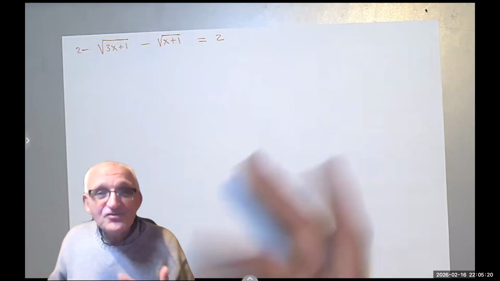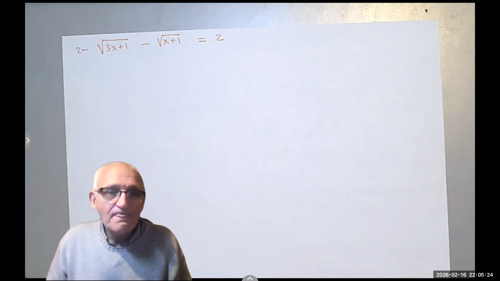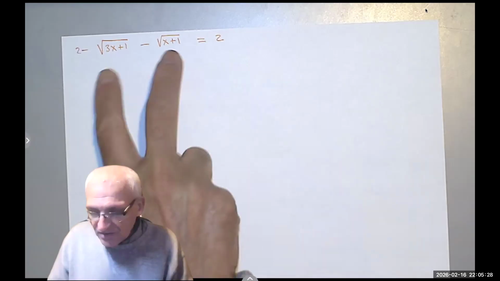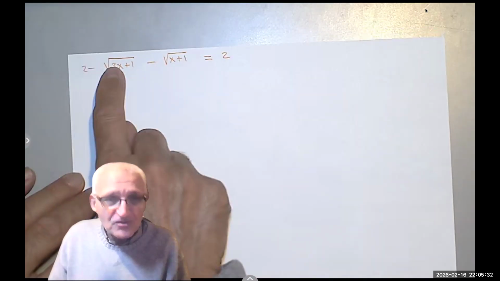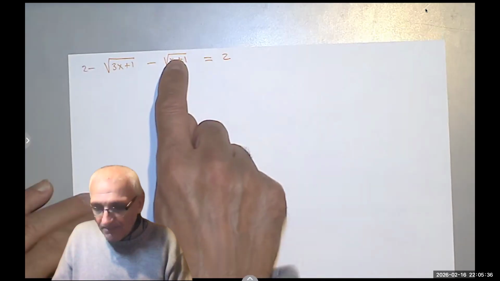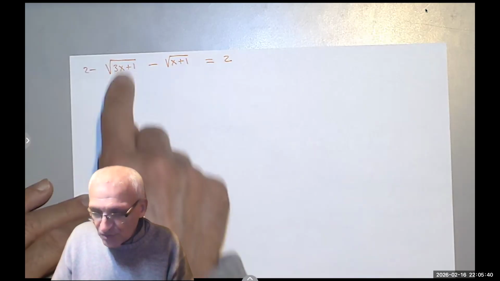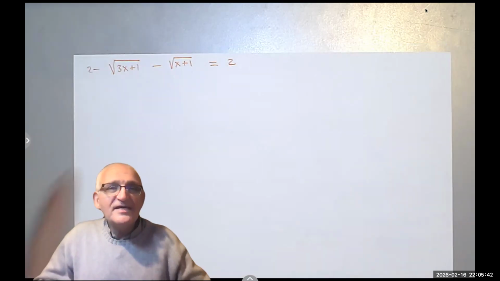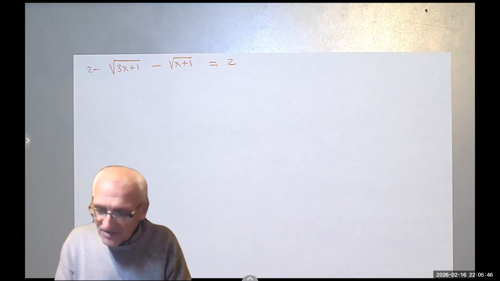This example, I have two roots. Don't leave them on the same side. Why? Because if you keep them, when you square the left-hand side, it's the square of the first, you get rid of this. Square root of the second, you get rid of that. But twice the first times the second will introduce a more complicated root. And you say, okay, so I can square again.